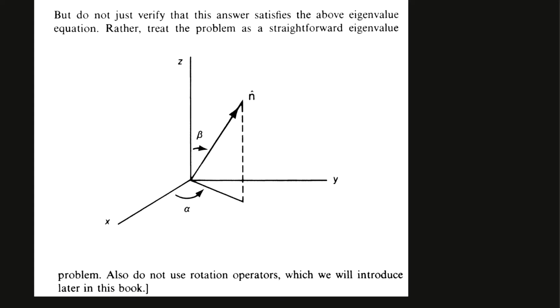The component of n cap along the z direction is cos beta. The projection on the xy plane is sin beta.